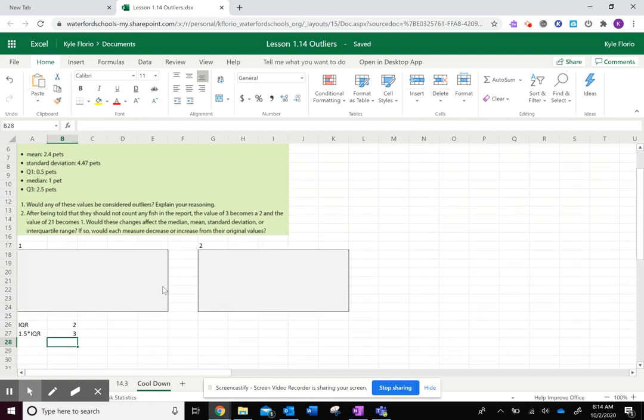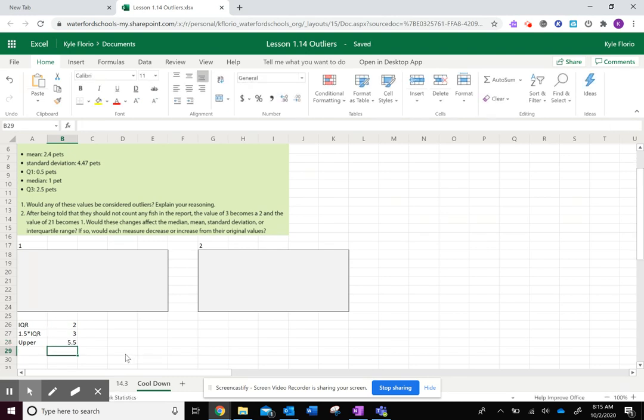And then I need to find the upper bound. To find the upper bound, I need to just add those two numbers together. 2 and 3 is 5, right? Let's see, wait, hold on. Q3 was 2.5, so that's what I need to add to the 1.5 times the IQR.